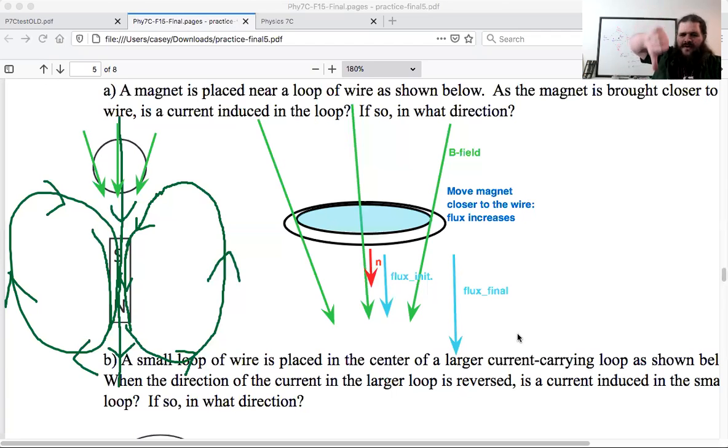In this case, it's getting stronger and stronger. That's a downwards change. Lenz's law says reverse that, use the right-hand rule in that upwards direction, and we get current circulating this way, which I would interpret as counterclockwise when viewed from above. So this direction of circulation, if we actually draw this on the diagram here, is going to look something like current going this way.